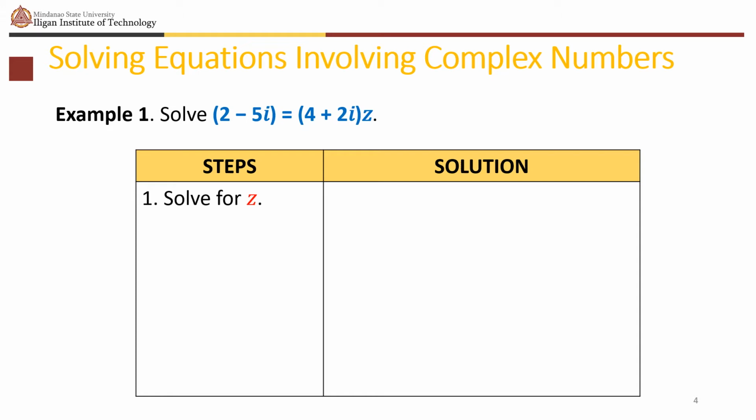First, we have to solve for z. The given equation is 2 minus 5i equals 4 plus 2i times the quantity z.